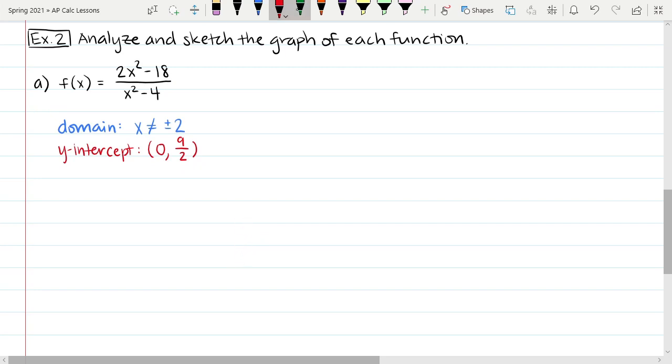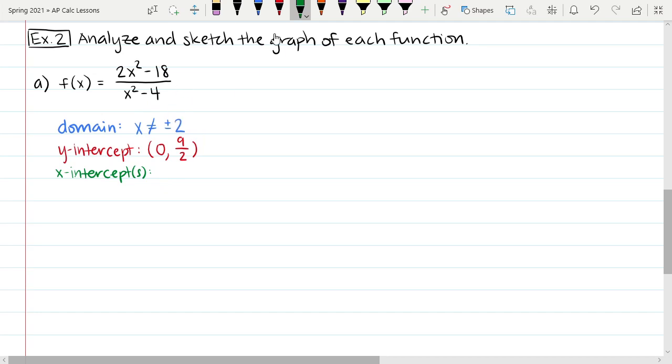For my x-intercepts, or my roots, those would be the x values that would make the output a 0. So that means we would need to set this function equal to 0, and that means we're going to set the numerator equal to 0.